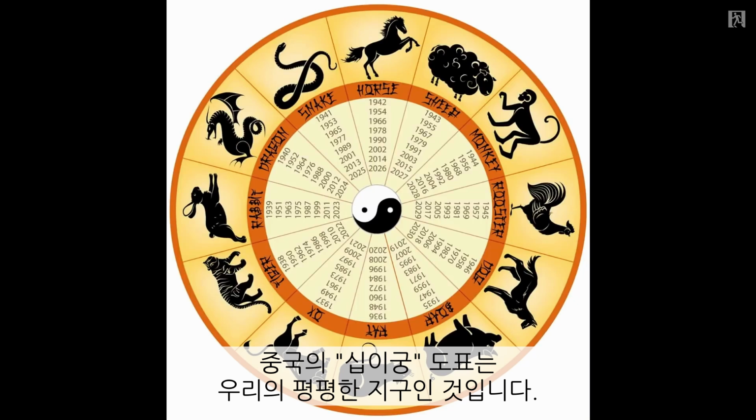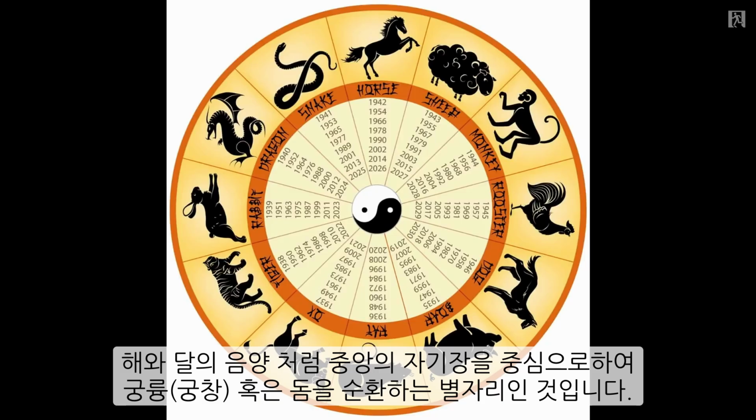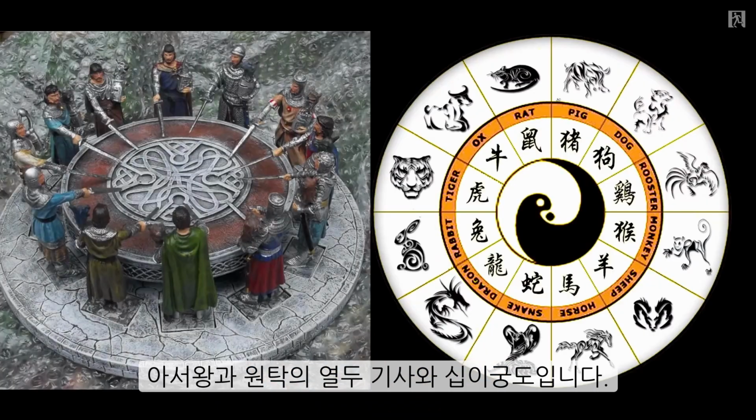It is our flat earth. The constellations of the dome or firmament circling the magnetic center, as do the yin-yang of the sun and the moon. King Arthur and the 12 knights at the round table.